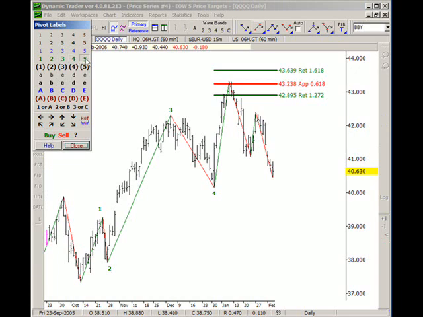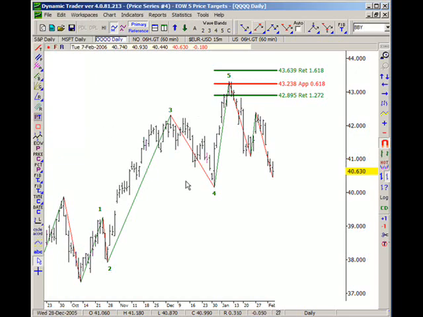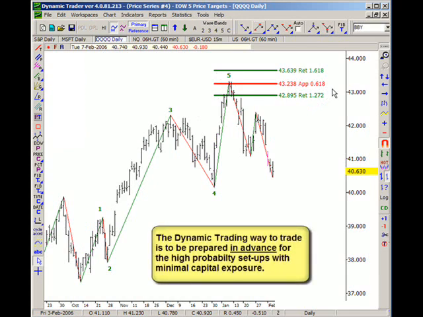And of course, like you've learned from earlier in this tutorial and all the other tutorials we've done, the dynamic trading way is to be prepared in advance for the high probability setups. And in this tutorial, we're teaching you the most probable counter trend price target zones and the most probable trend target zones. So we were prepared for this trend that began back in October to end in this price range. And that's exactly where it ended.